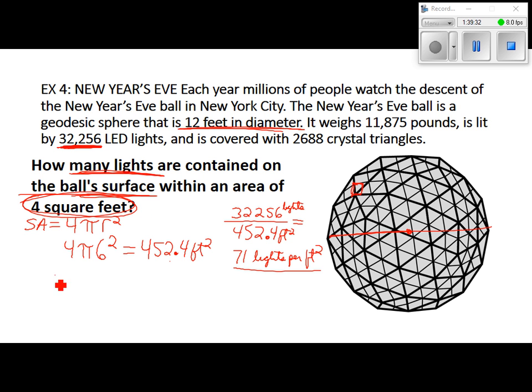All we have to do is take 4 times 71, and we get 284 lights. So about 284 lights in a 4 square foot area. So if we took a 4 square foot area here, there'd be about 284 lights in that little part.